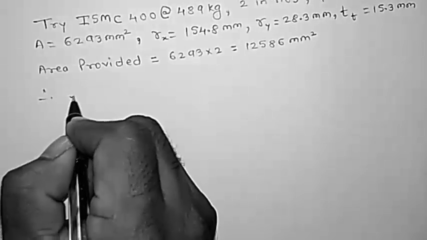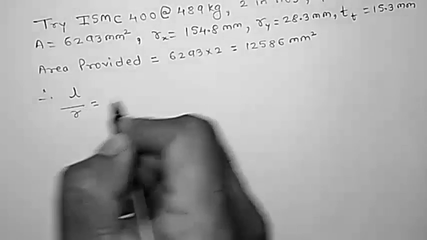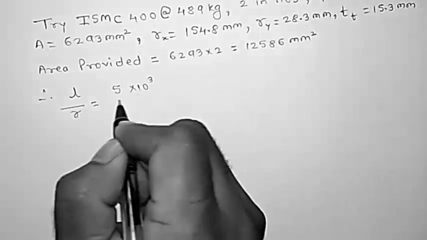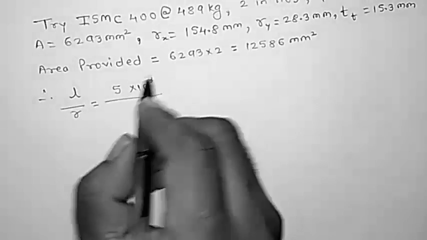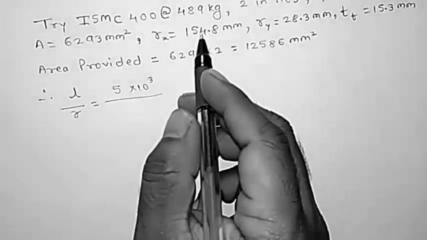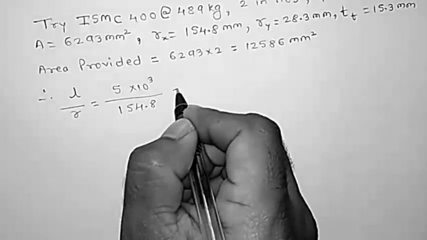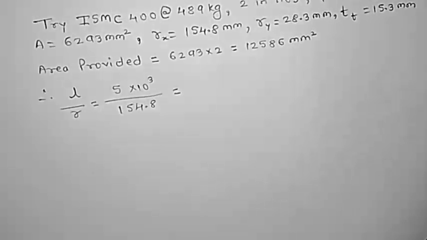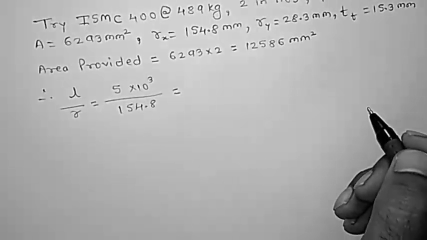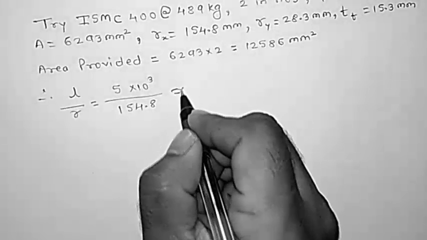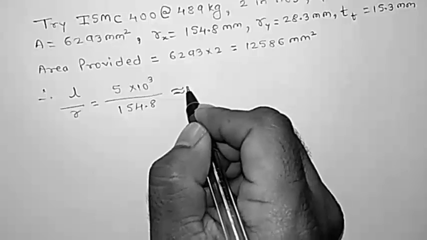So therefore L by R, length is already given, that is 5 meter multiplied by 10 raised to the power 3 to make it in mm, R is what we have considered, that is 154.8. So if you calculate this, you will get it around 33.